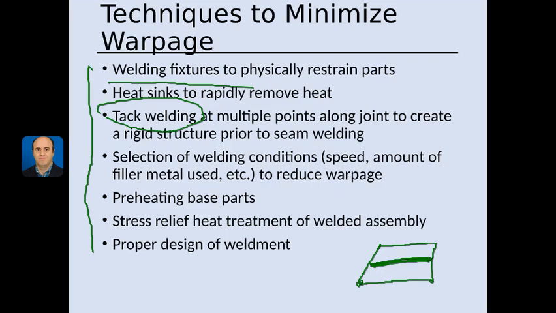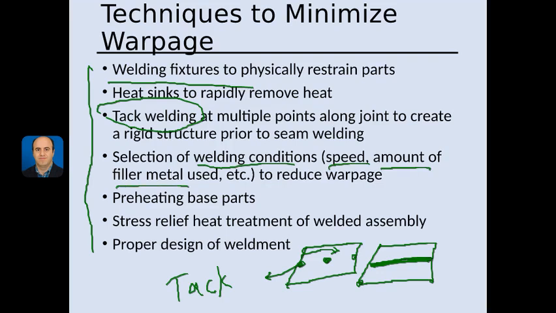So before we weld, we connect some points together and then start welding from this point to here. So these points are called tack welding. And we select appropriate welding conditions, right speed, right amount of filler material, and also we use some preheating.